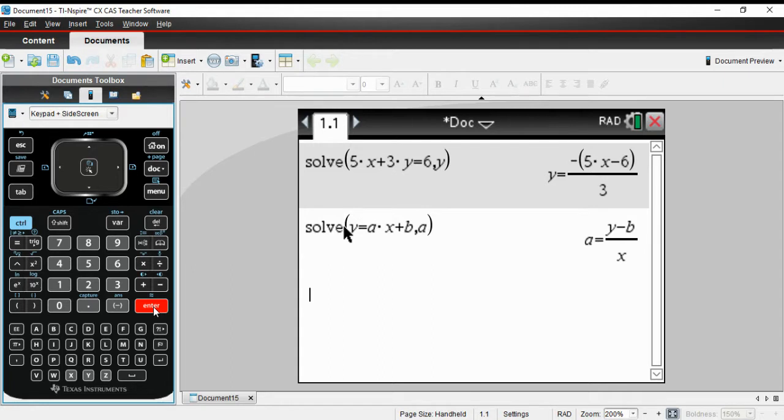My third equation is the formula for a triangle. A equals half BH, or half times base times height. So we'll pop that in, using my solve function again. Now, do I have a shift button? Where is my shift button?